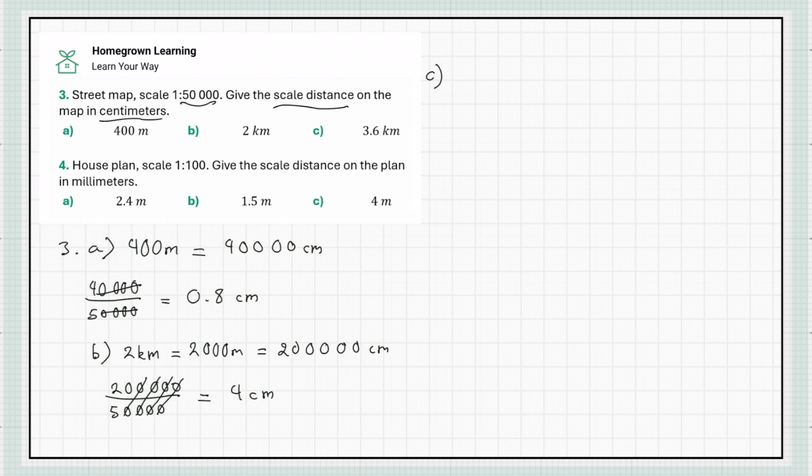And finally, C, we have a house plan. We have the 3.6 kilometers, which is equal to 3,600 meters, which is equal to 360,000 centimeters. Alright, same idea, we're just going to divide this over.